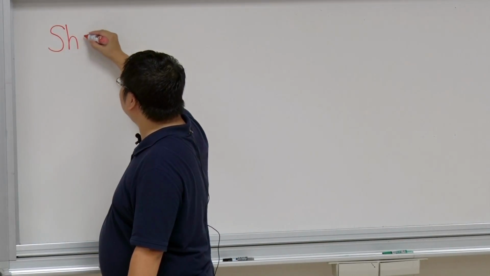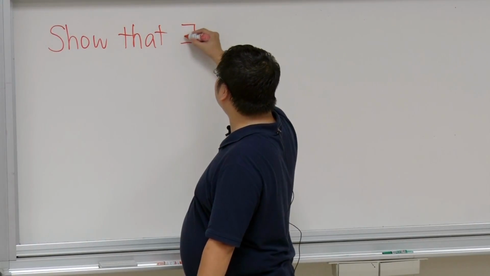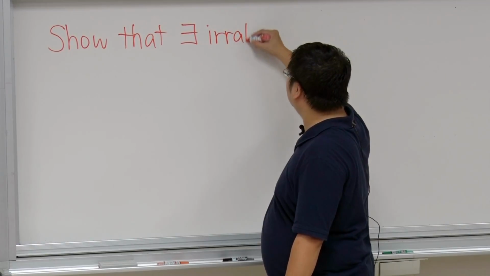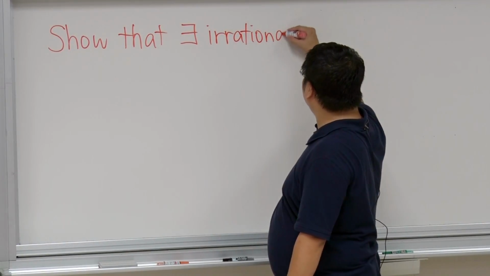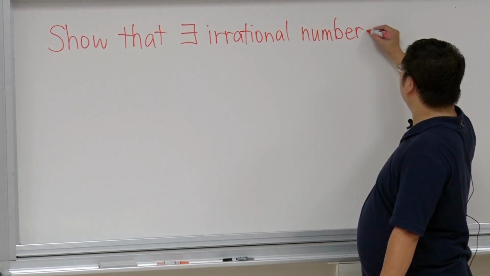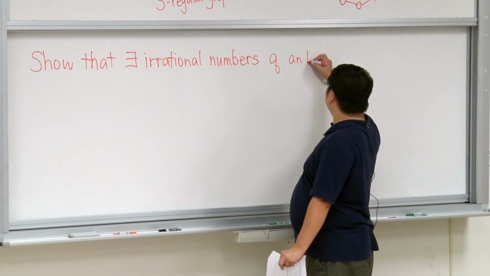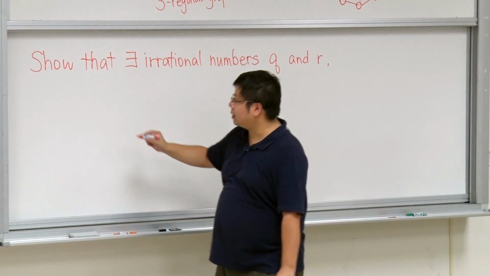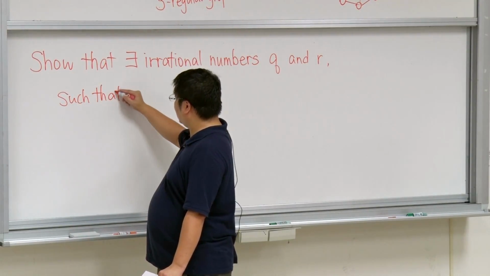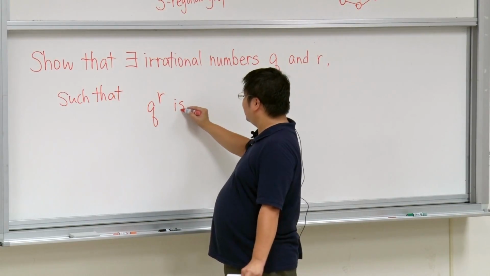This problem says, show that there exist irrational numbers Q and R such that Q to the power R is rational.